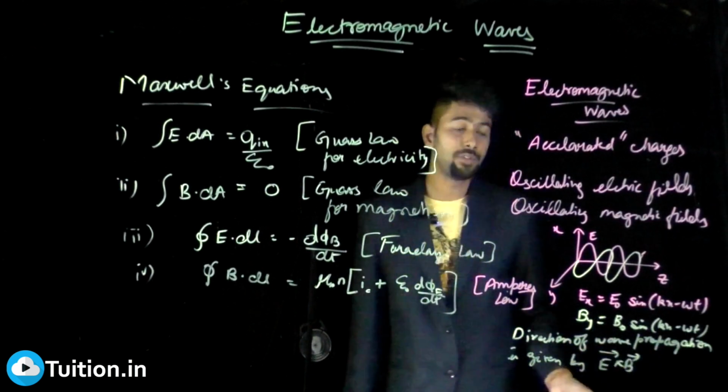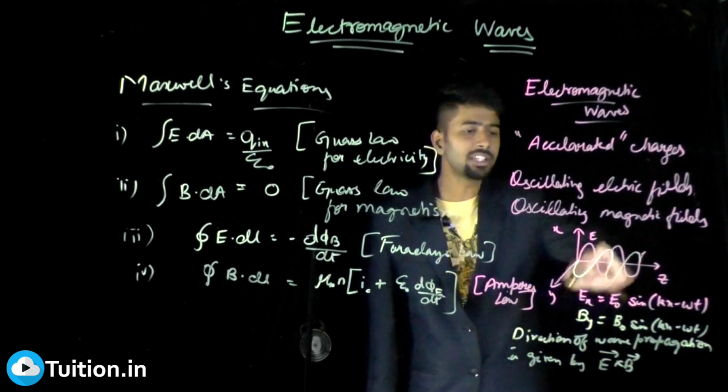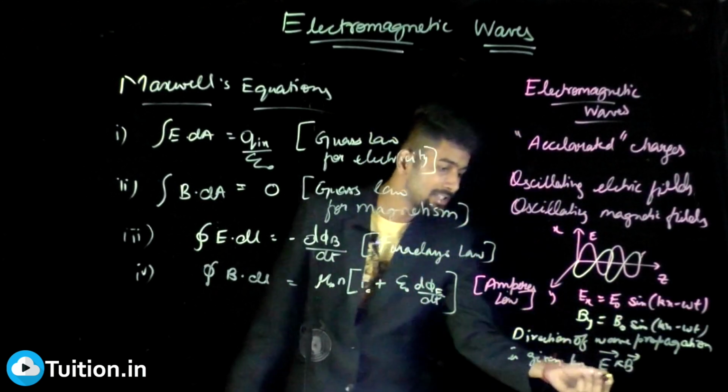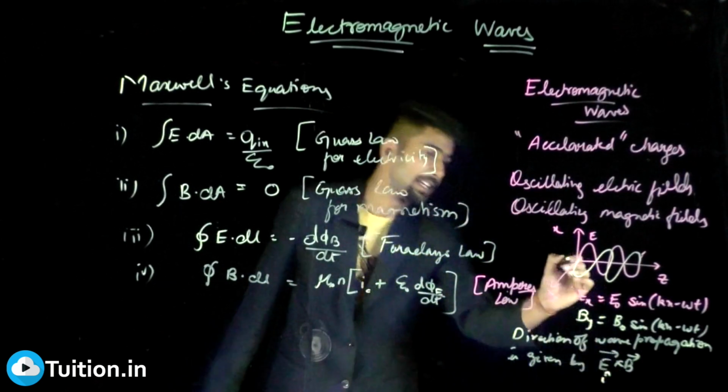What it means is, if you take the cross product, all your electric field is in the x direction, so I will say the electric field is in the i direction in this case.